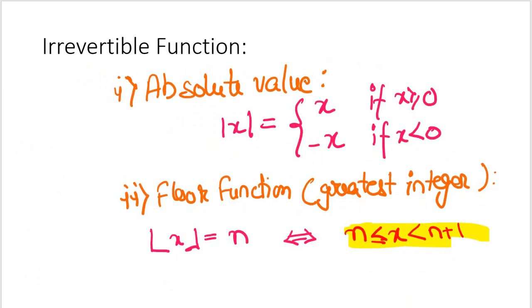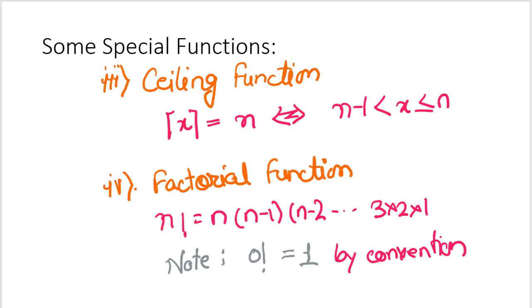Then we looked into invertible functions, and sorry, here I should have added some special functions just like this, so I'll make the correction before sharing it with you. So in our next video we will talk about another topic, which is matrices, some basic points on matrices, and then we will finish this particular unit.